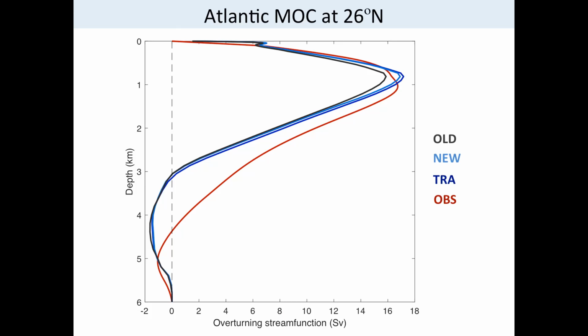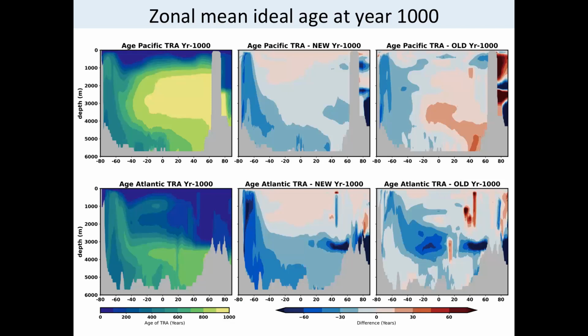So basically, you observe that we get about 1.5 Sverdrup more AMOC in the new and TRA experiments. And a last slide to illustrate the ventilation rate. Here I show the zonal mean ideal age at year 1000 in the TRA experiment for the Pacific at the top and the Atlantic at the bottom.